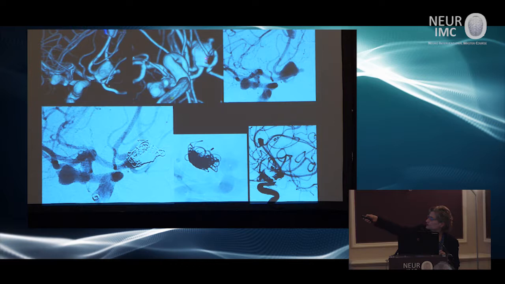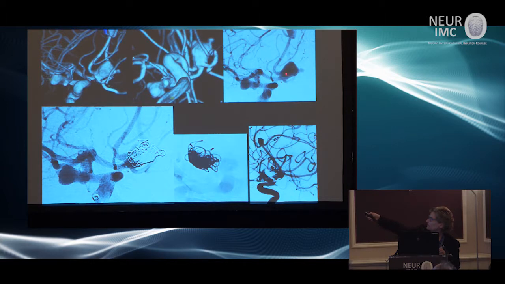We first wanted to treat this one, and it was a very wide neck, and the A2 is coming off from the sac. So we decided to put a VEP device and then put additional coils so that the VEP device will work as a barrier for our coiling. And then we also treated the other aneurysm.